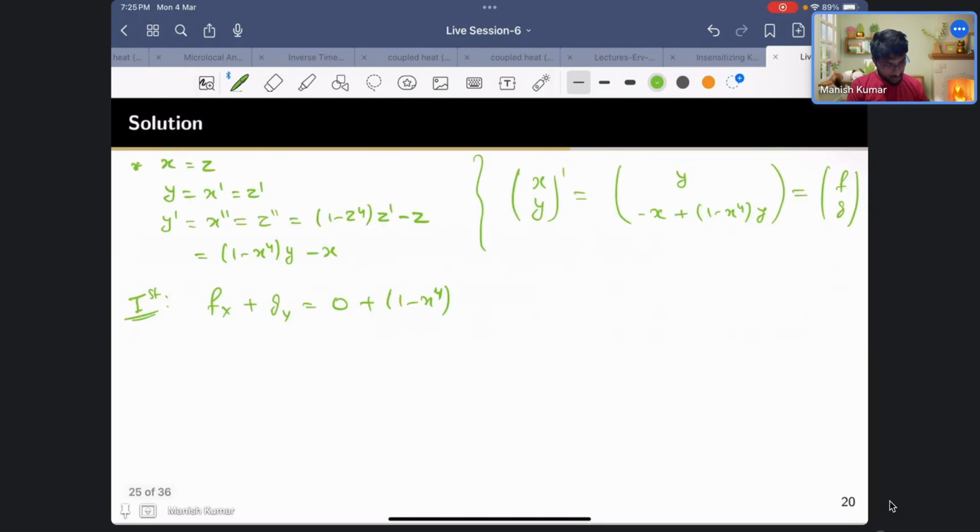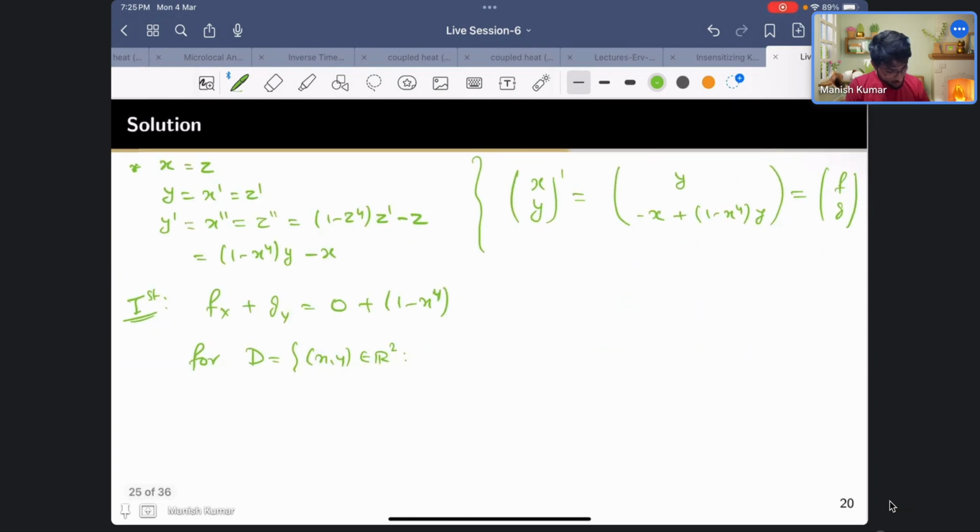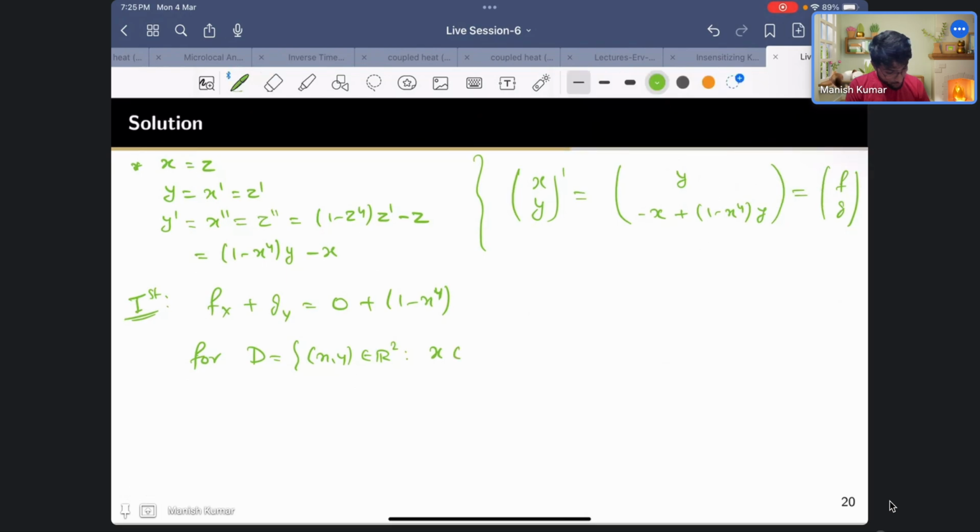You can clearly see that for D, given as (x, y) in R^2 with x belonging to (-1, 1), in this domain f_x plus g_y is always greater than 0, so you have one sign in this domain.